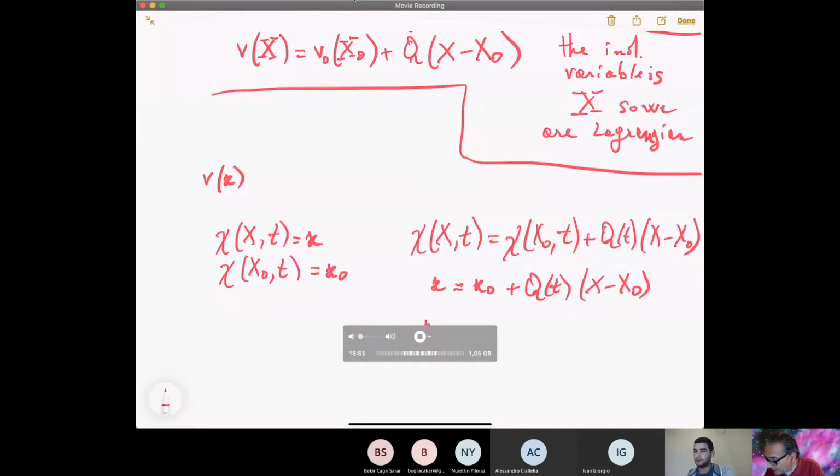So I write x minus x0 equal Q of capital X minus capital X0.